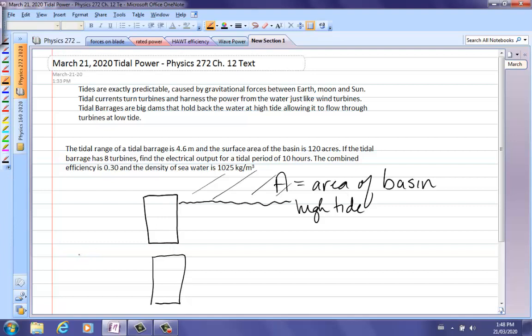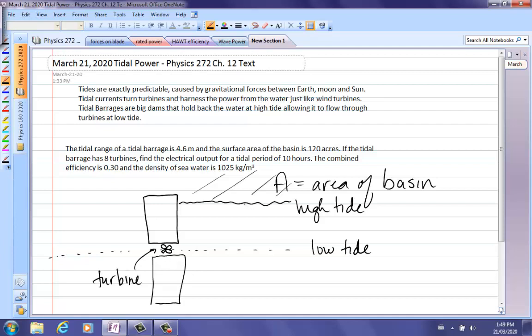And then at low tide, which would be down here, once the water has gone down outside this basin, you can open up a gate, and you can let this water flow through a turbine, which would be in here. Okay, so this would be your turbine.